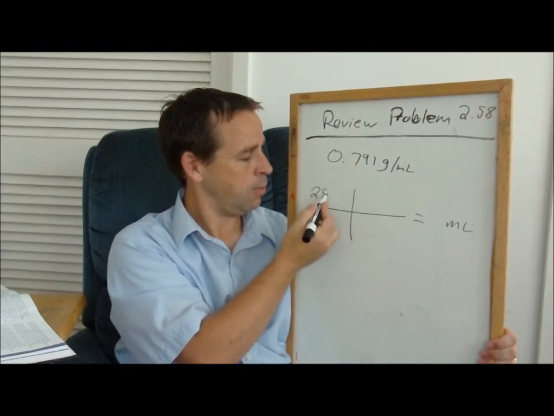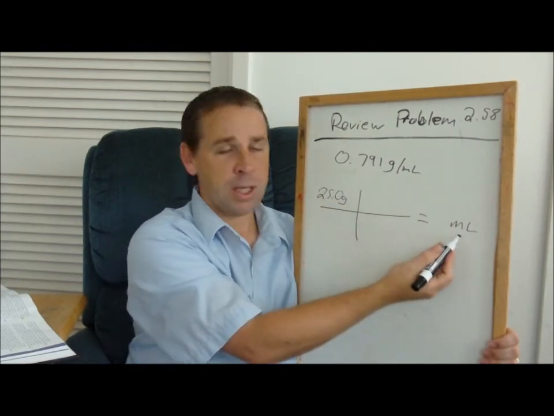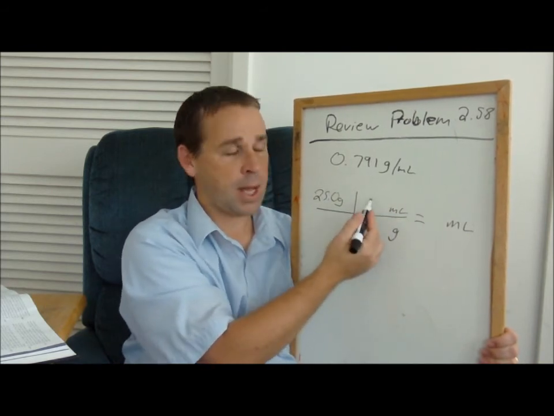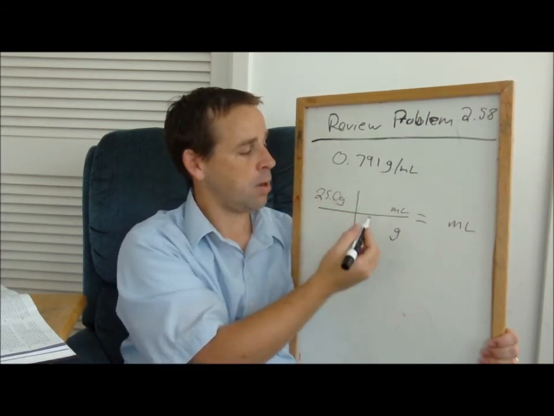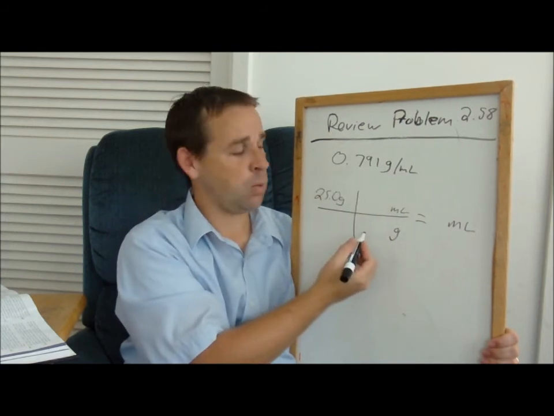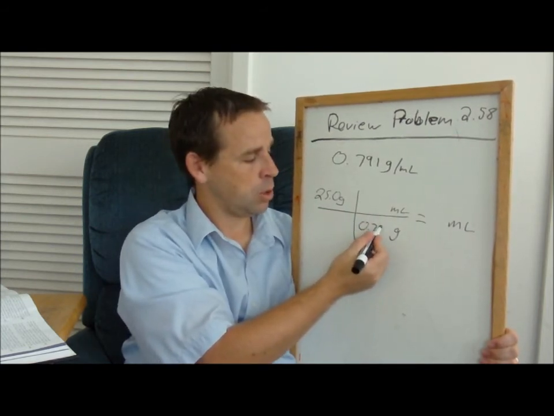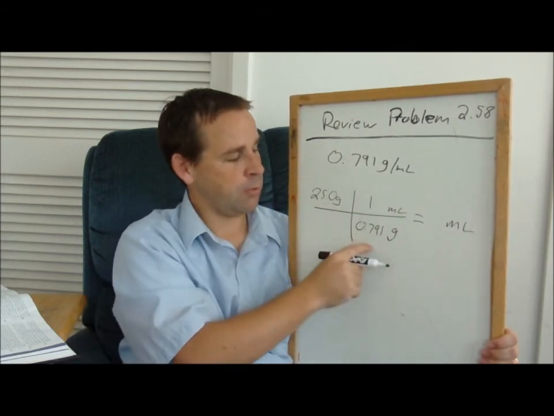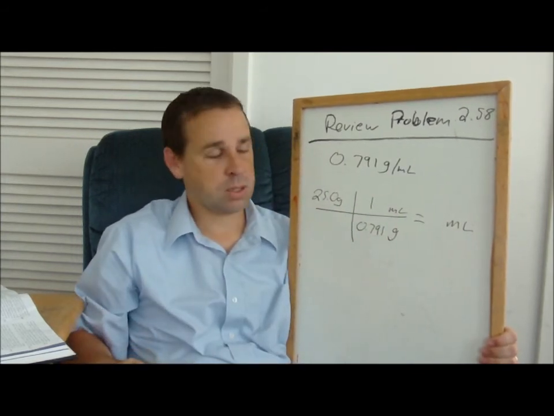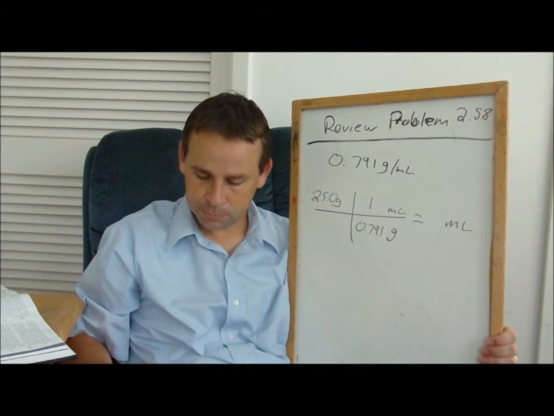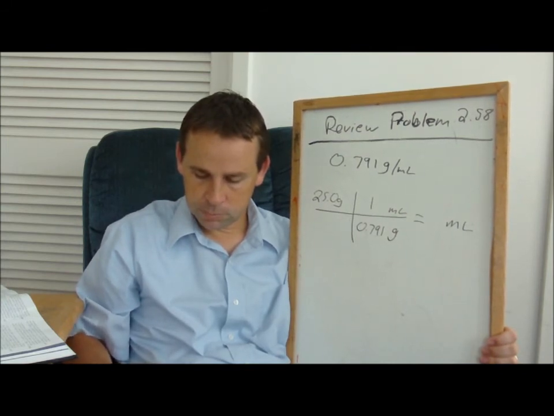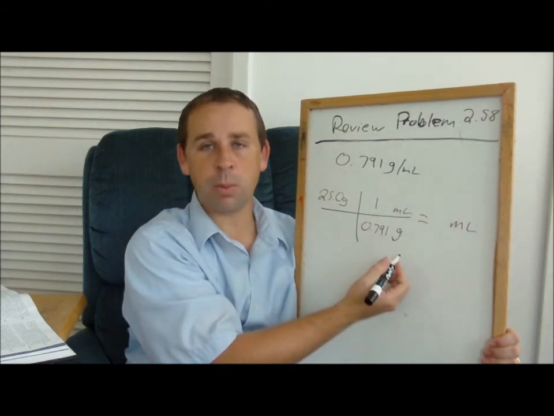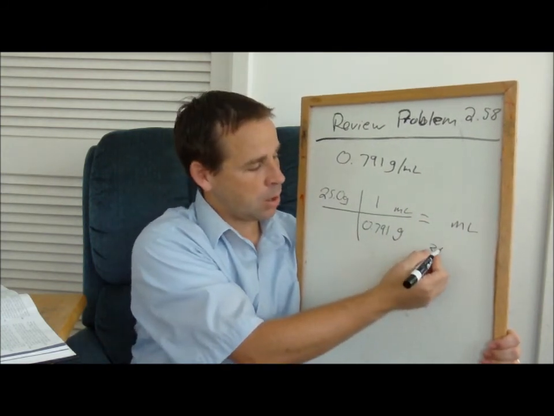We want to know milliliters, so we put our equal sign and train tracks. We have 25.0 grams, and we want to get to milliliters. So we need milliliters on top and something with grams on bottom. That can be the density, right? Because there's 0.791 grams for every 1 milliliter. So then we take 25 divided by 0.791. Alright, so I have an answer: 31.6 milliliters.